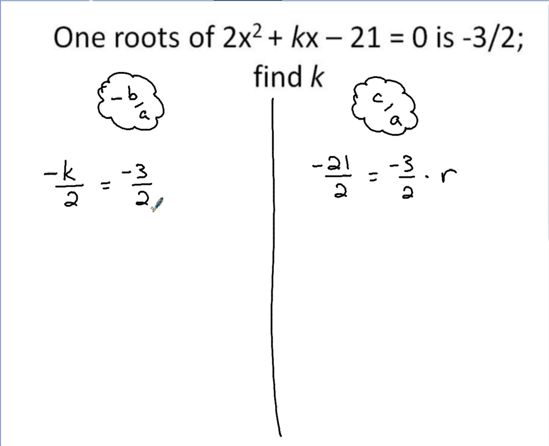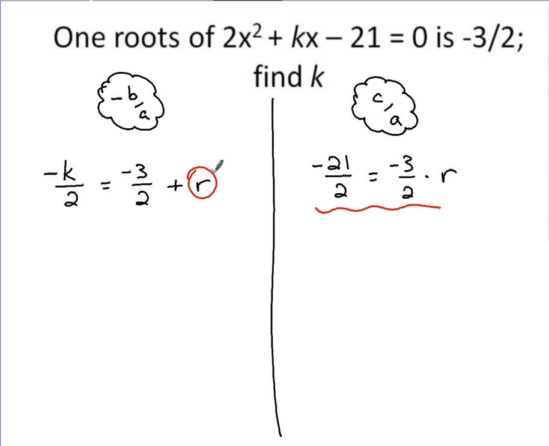I'm letting R be that other root, so I'm going to add on that R. Looks like I've got two equations here with two variables, meaning there must be a way to put the two together to at least solve for one of those variables we need. What I would suggest doing, since this one over here only has the one variable, is solve that for R. We can figure out what that root is that's missing. We could insert that in over here, and once we insert that in over there, then we'll be able to figure out what K is.